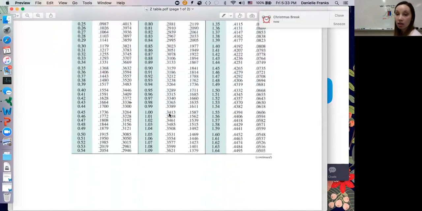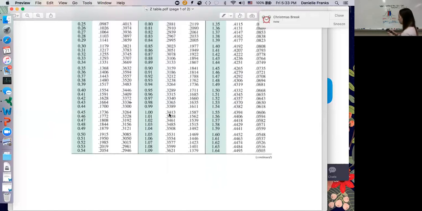So 0.3413 is the red space, and it's also the blue space, because it's still 1 standard deviation away from the mean on either side. So then you add those two together.